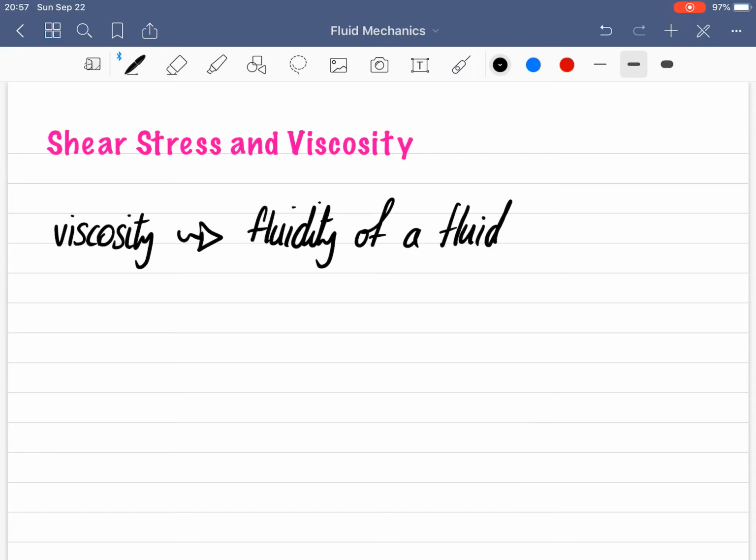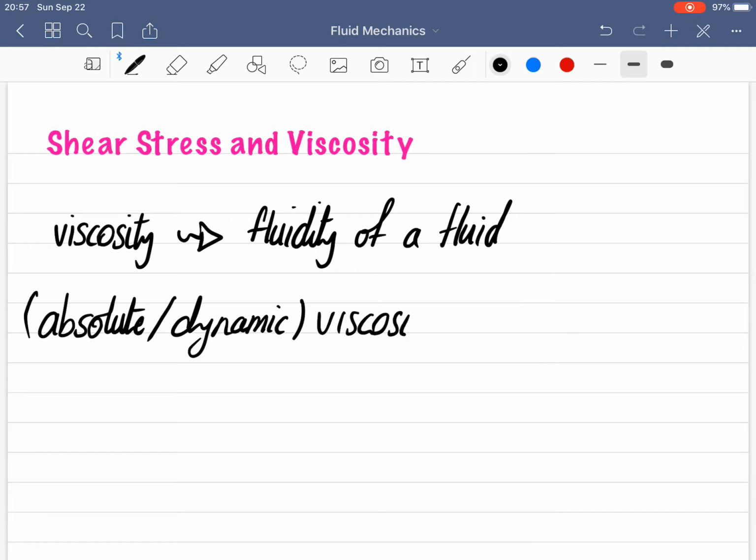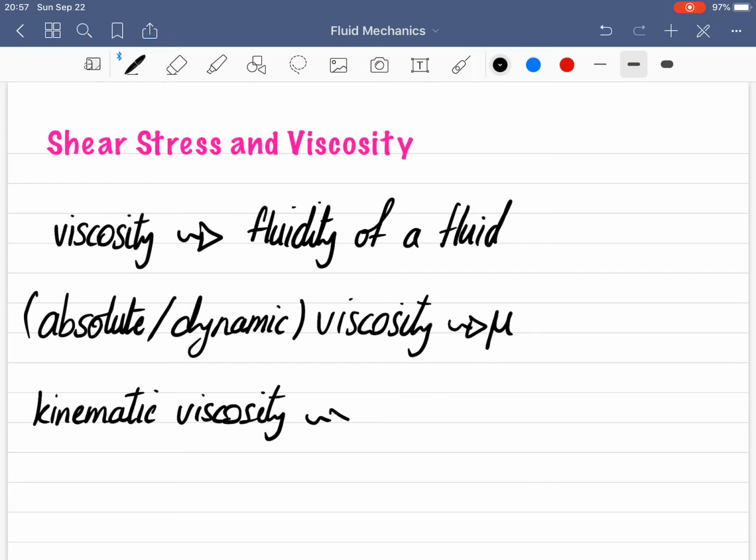We have absolute viscosity or dynamic viscosity or simply just the viscosity of the fluid, which is designated by the Greek symbol mu. Also, we have kinematic viscosity, which is designated by the Greek symbol nu.